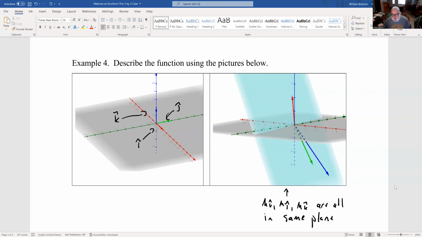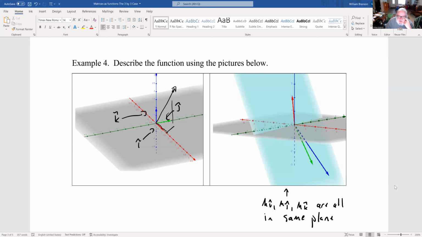Again, a little bit tricky visualization, but sort of the best I could do with GeoGebra. If I take a vector in 3-dimensional space over here, any vector in 3-dimensional space can be thought of as some multiple of i: go in the red direction a little bit, go in the green direction a little bit, and then go in the blue direction a little bit.